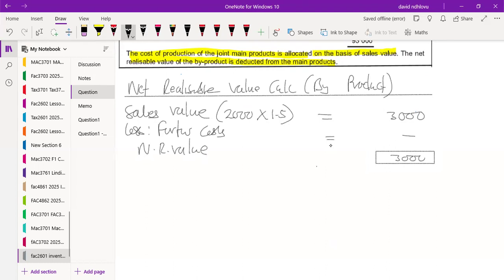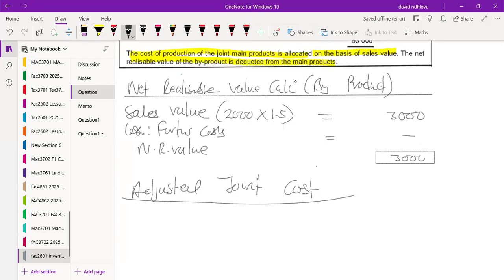Then what you do next, you then say adjusted joint costs. The only use that you have of the byproducts is to reduce the joint cost before you allocate to the joint products. So you say 60,000, which were given as the joint cost, minus the 3,000 here.